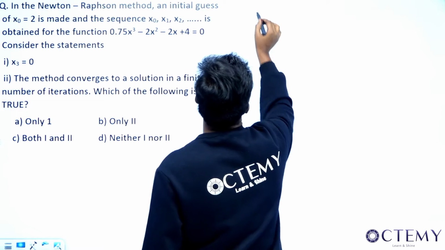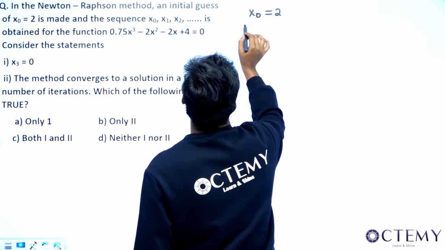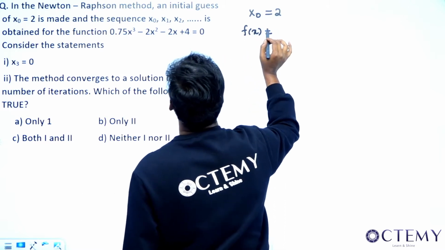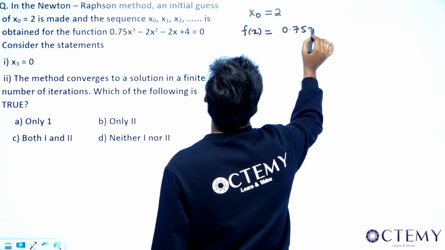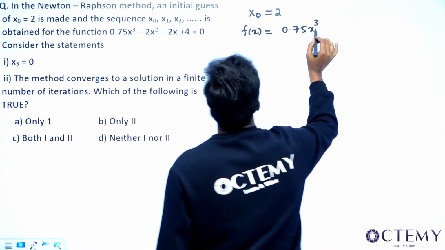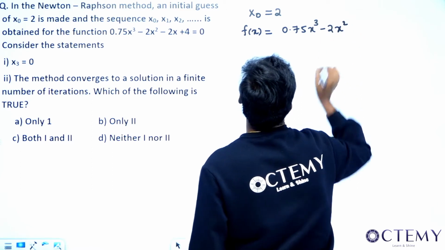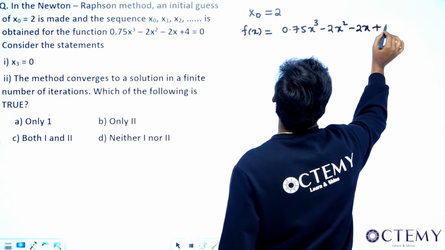So we know x naught, the initial guess, is 2. What is your f of x, sir? The value of f of x is given as 0.75 x cube minus 2x square minus 2x plus 4.